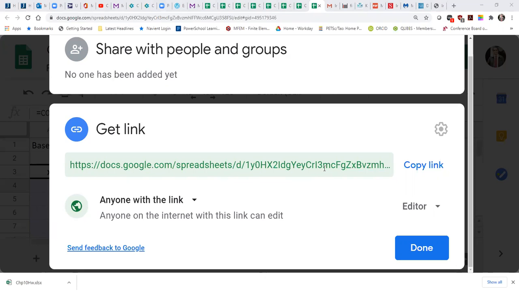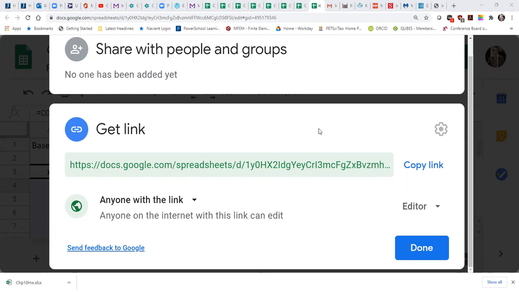Okay, so this is the spreadsheet for chapter 10. Chapter 10 homework assignment.